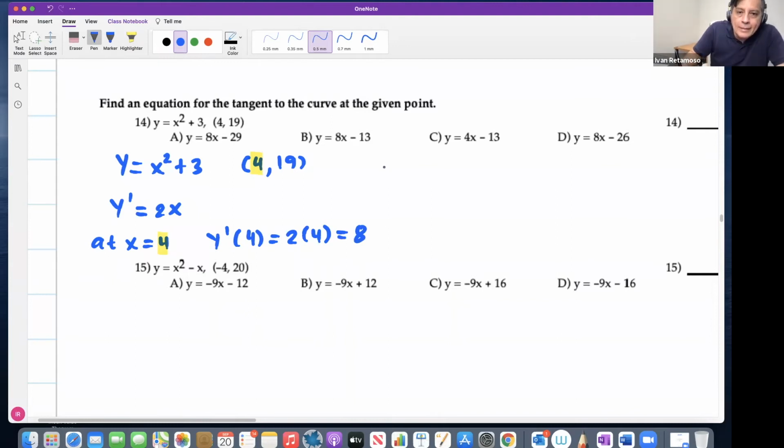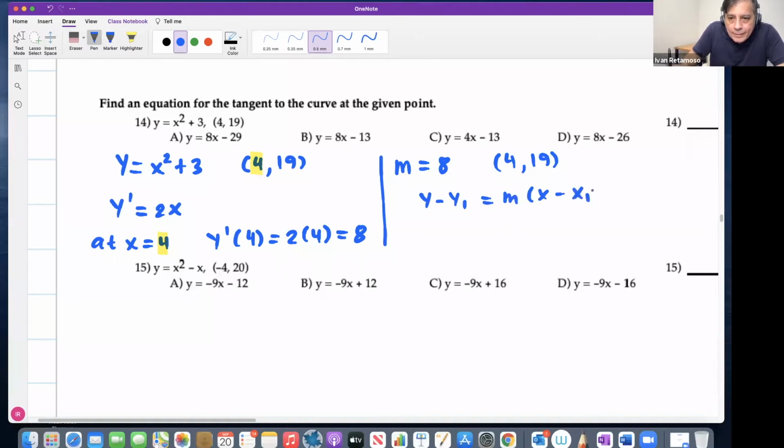8. So with the slope 8 and point (4, 19), I can find easily the equation of the line, right? Having a slope 8 and passing through this point. I'm going to use this so-called point slope form with x1, y1 being (4, 19), right?